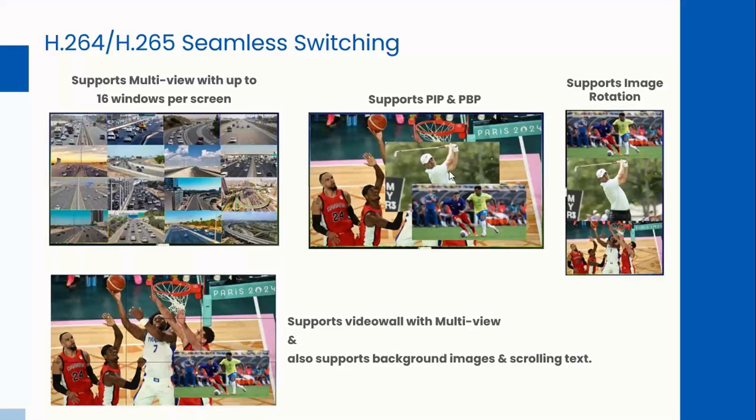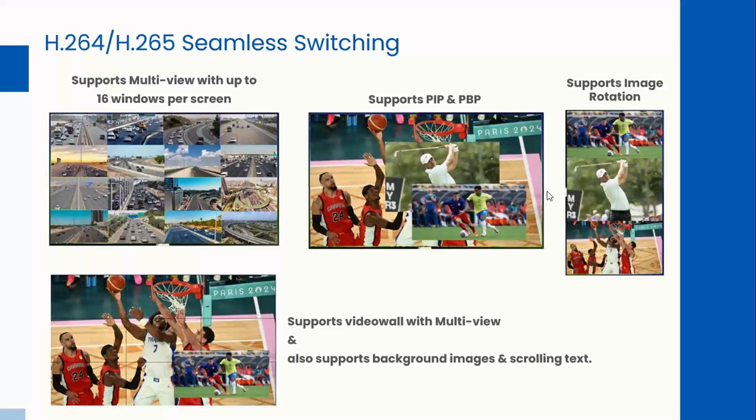You can do picture-in-picture, as you can see in this example here, where you have images inside other images, and you can also do overlay, so you can have partly covered images with other images on top of it. They can be images, can be videos. So you have a lot of flexibility in how you do your multi-views, up to 16 windows. Again, that's 4 times higher than our previous 600 category multi-view capabilities, which are up to 4 multi-views. Here we can do 16.